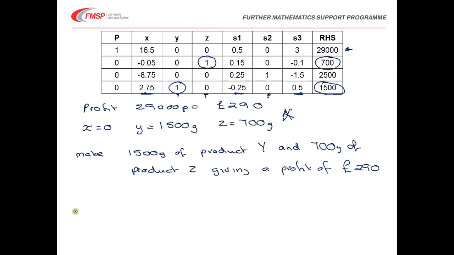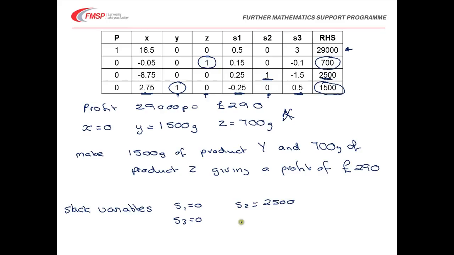Now, you weren't asked for it here, but you could be asked for the values of the slack variables. And if you were, then you can do that from the Tableau as well. You can look up here and you can say, well, S1 is a load of numbers, so S1 must be equal to 0. S3 is also a load of numbers, so S3 is equal to 0. But S2 has a value, and S2 is 2,500.